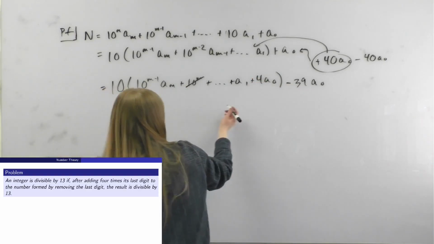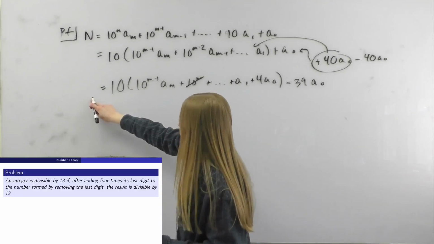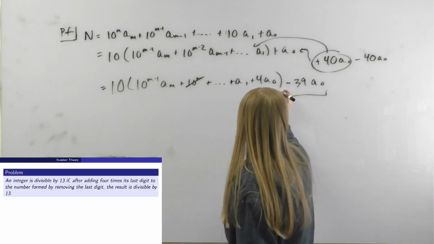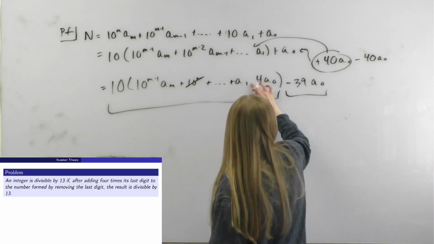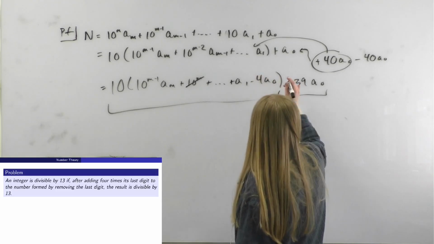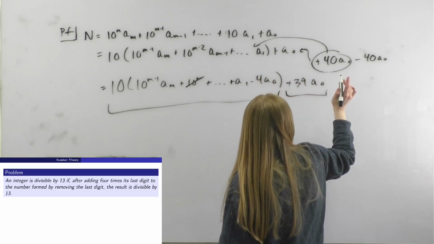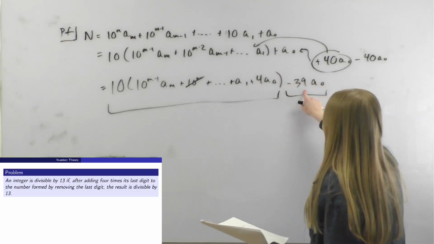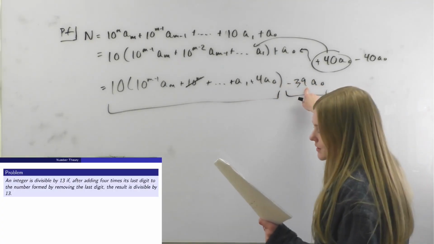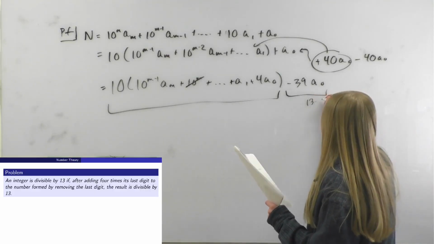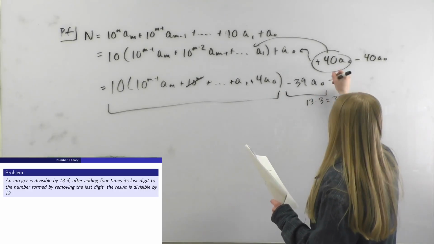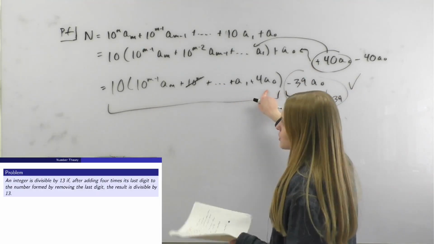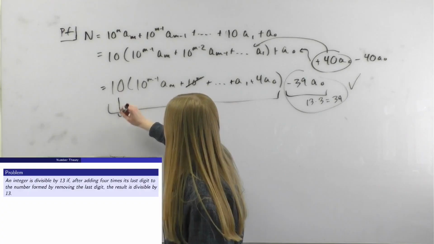Okay, so this number n will be divisible by 13 if both of these pieces are divisible by 13. This number is already divisible by 13. 13 times 3 is 39. So we're okay here. And we need this piece to be divisible by 13. There's no chance for 10.